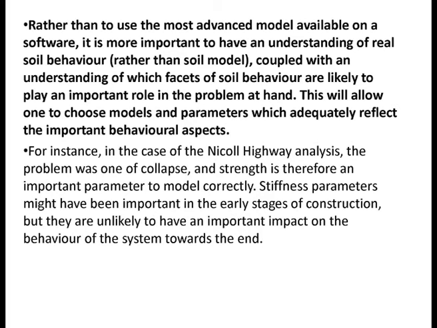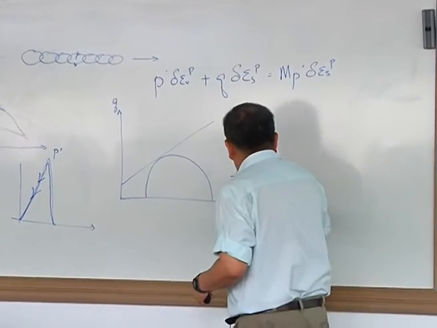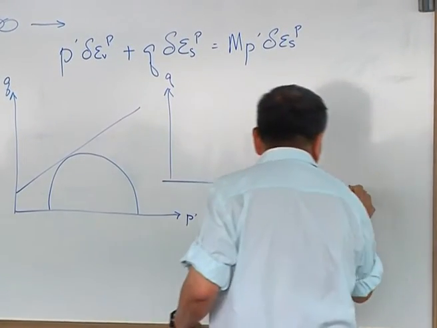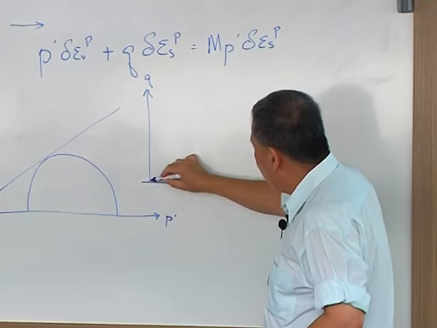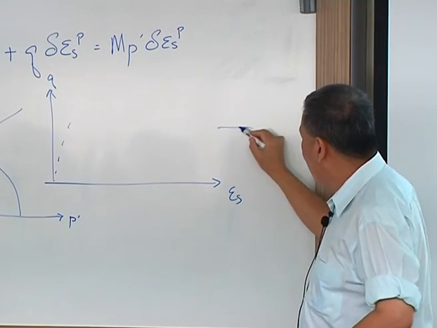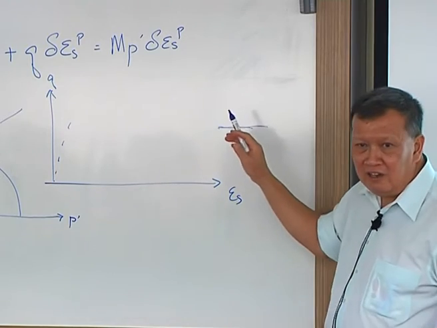Okay, so for example, in the Nicoll Highway collapse, the problem was one of collapse, and the strength is something you need to model properly. Because I always say this, let's take a very simple situation. The soil in the Nicoll Highway, say you plot the stress strain curve, the soil has gone through this, and now it's somewhere out here, and it's literally gone to critical state.